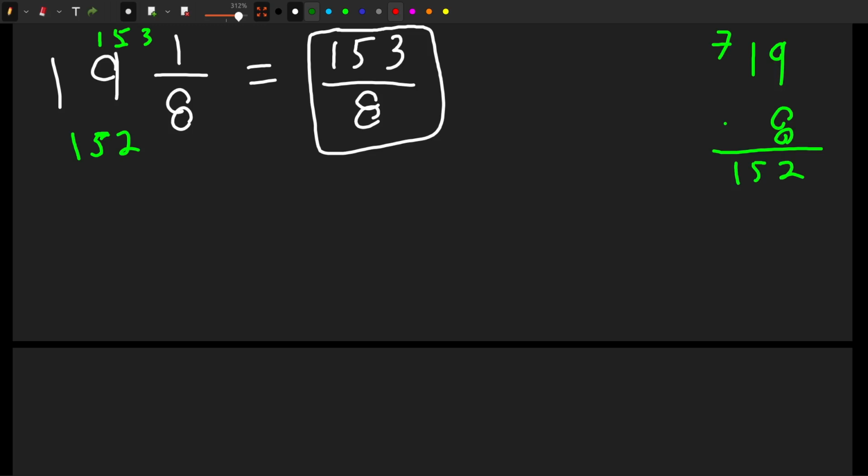All right, so that takes care of 6 problems of converting mixed numbers to improper fractions, or just to fractions in general. Now what we're going to do is we're going to do the opposite.